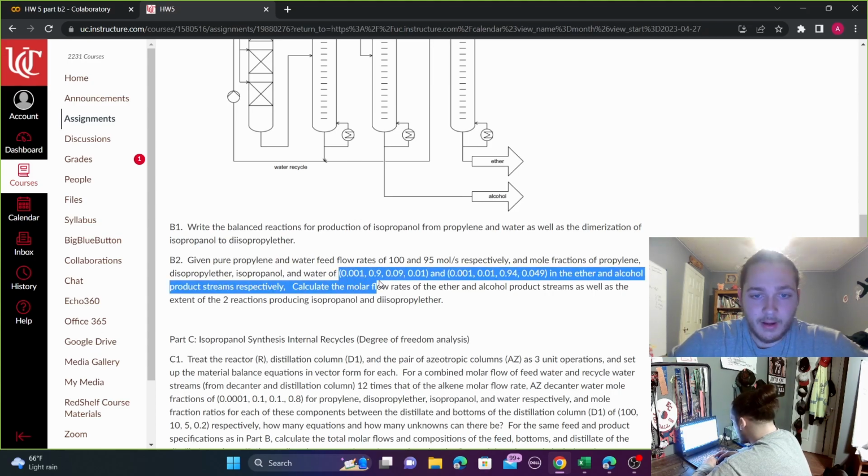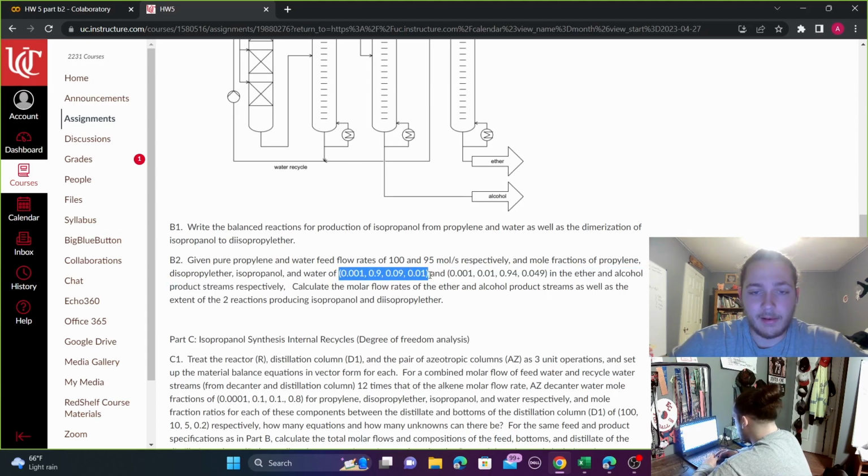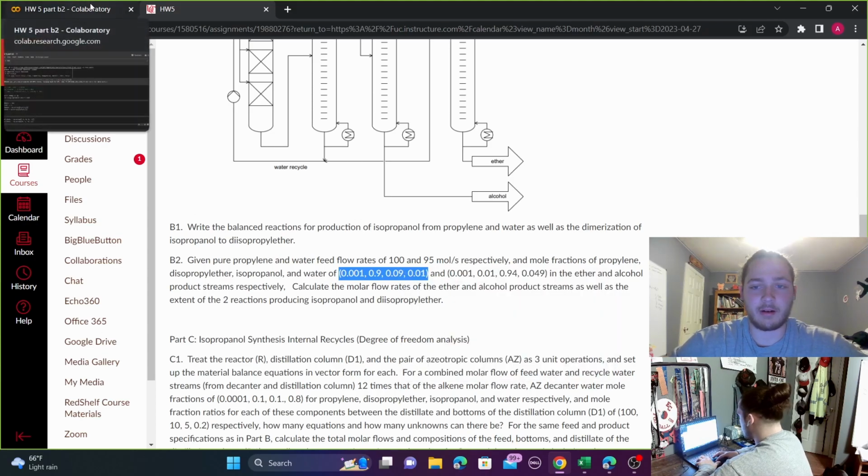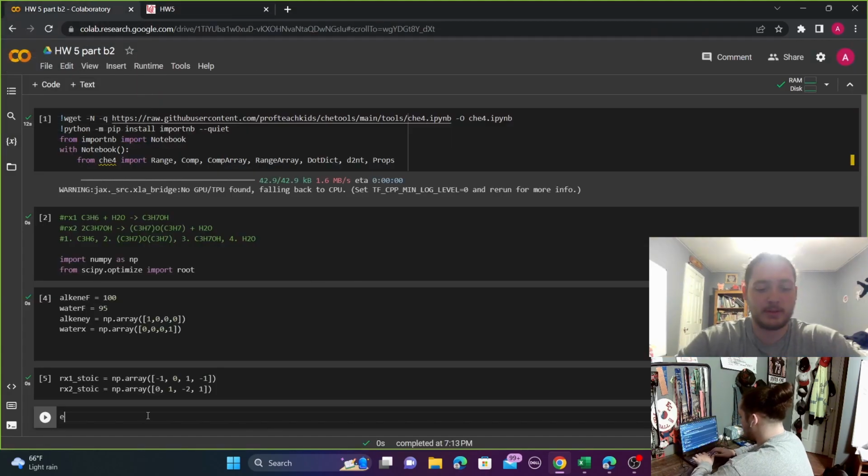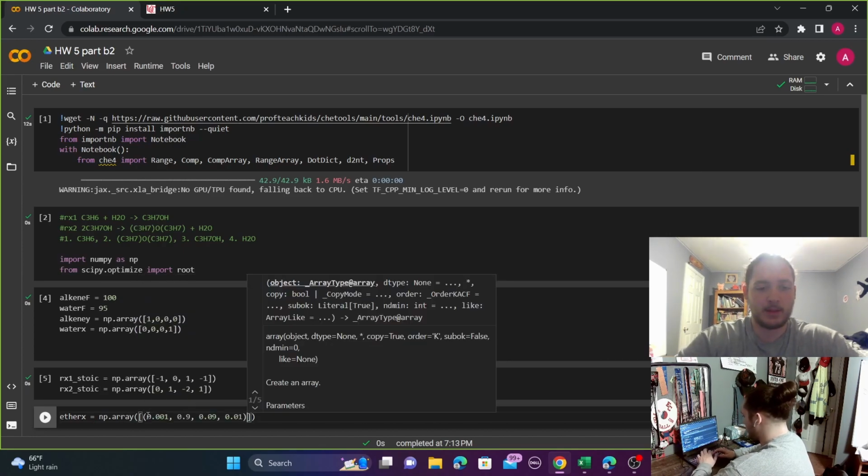I'm going to copy and paste these in. So that's our ether. So we're going ether x is equal to np.array, pasting that in.